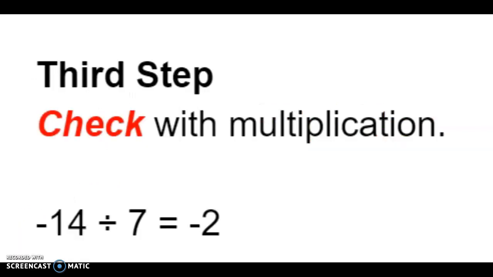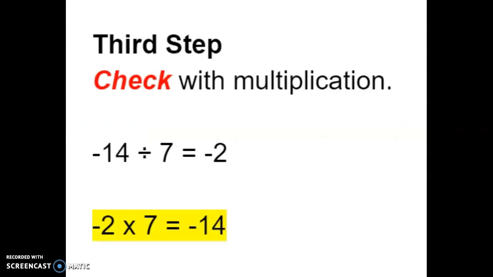My third step is to check with multiplication. This is what I got with my first 2 steps. -14 divided by 7 equals -2. In my third step, when I check with multiplication, I wrote -2 times +7 equals -14.